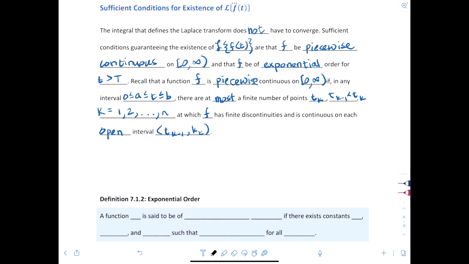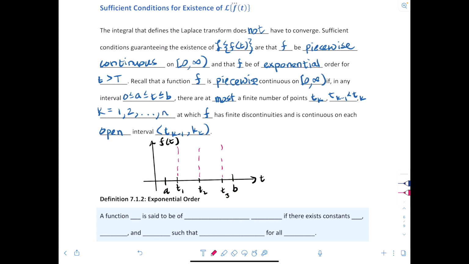Basically, what you have going on, you've got t, and then you've got some f at t as the vertical axis. And then let's say that this is A and this is B. And in between, sorry, this is kind of crooked, isn't it? Okay. And then in between, you've got some T1, some T2, some T3, and there's discontinuities.